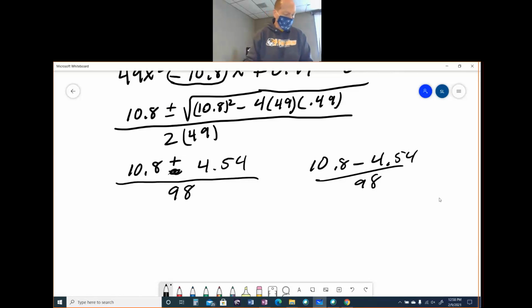And that is 0.157. And then we will do the negative one next. And that gives you a 0.0639.